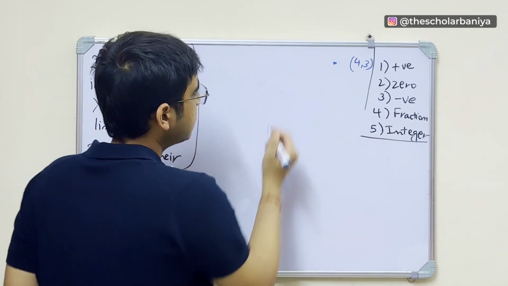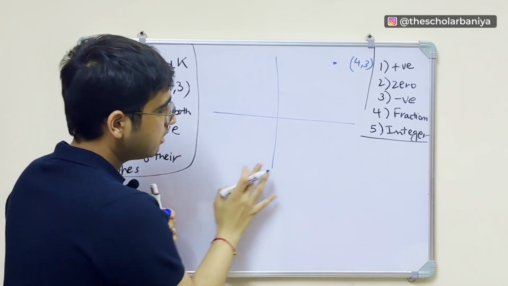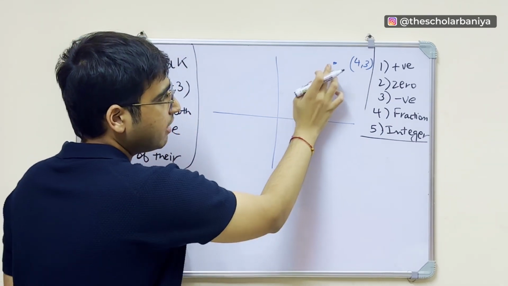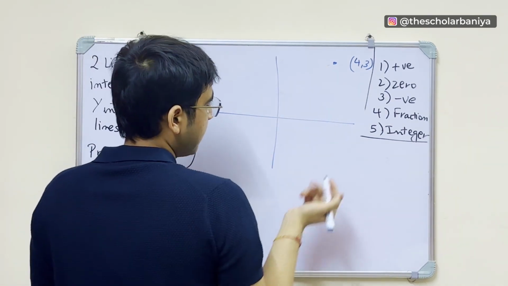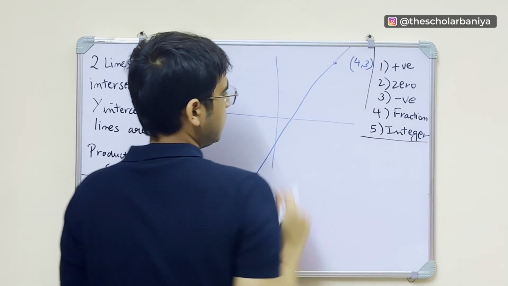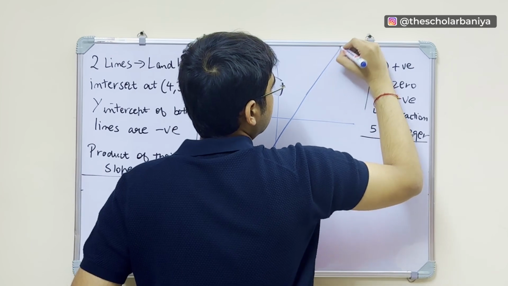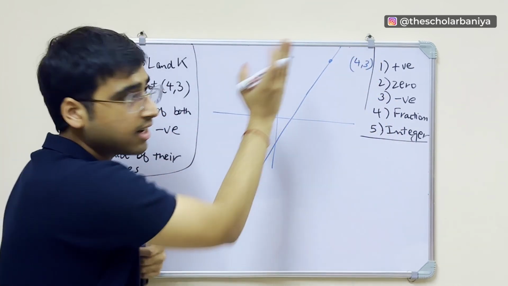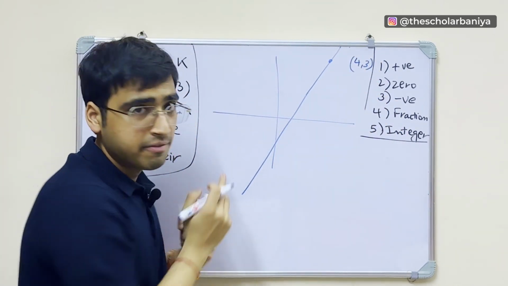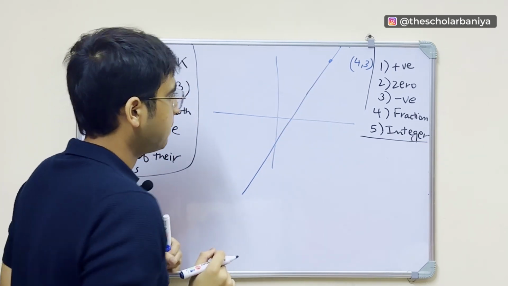So now let's take the case that there is a line with a negative y-intercept and which crosses this point. For example, one possible case is this. So this is a line which has a negative y-intercept and it crosses the point (4, 3), right?